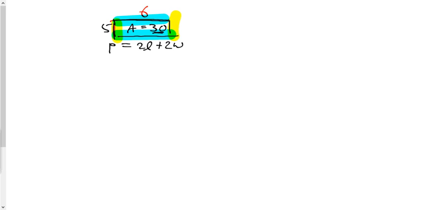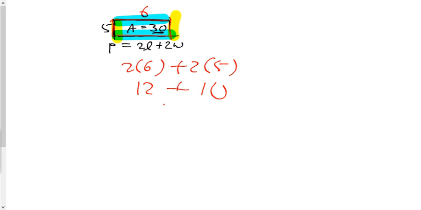That makes up the distance around the rectangle. So 2 lengths would be 2 6s, and 2 widths would be 2 5s. This length and this length add up to be 12, and this width and this width add up to be 10. So therefore the perimeter, or the distance around that rectangle, would be 22 meters. 22 meters is the perimeter.